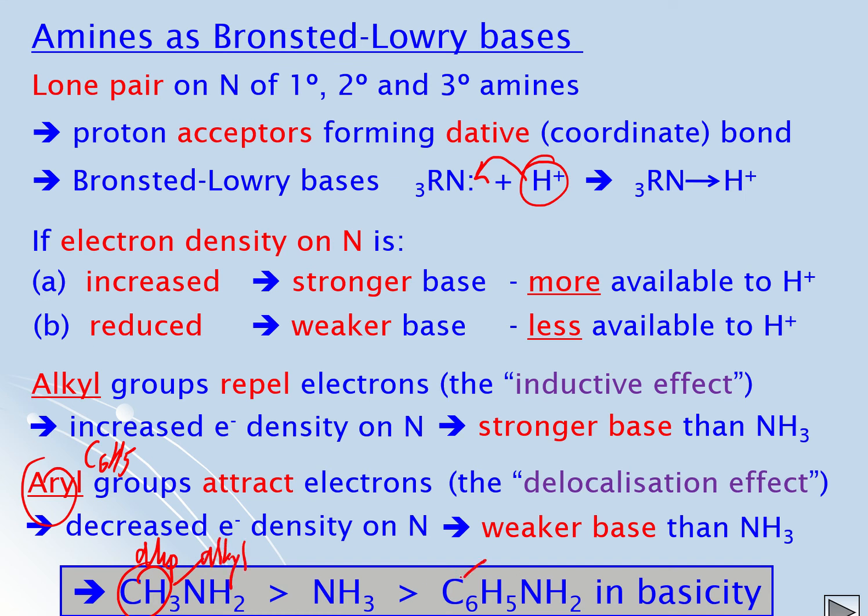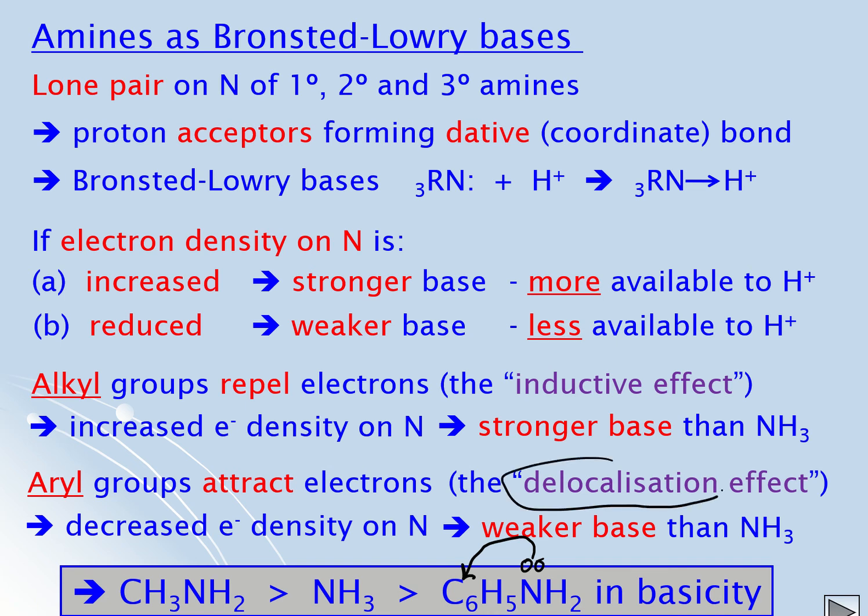So if I compare 3 amines here, we have an aliphatic with an alkyl group, and we have an aromatic with an aryl group. On the aromatic one, the lone pair of electrons is being attracted by the aryl group because of this delocalization effect. That means that it is less available for a hydrogen ion trying to get it.